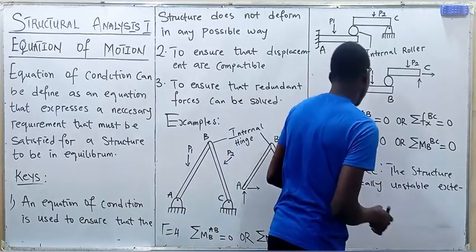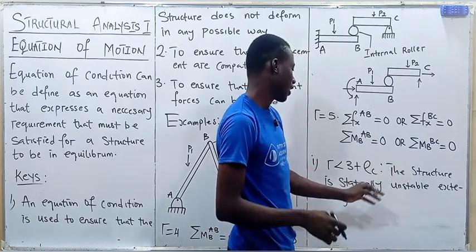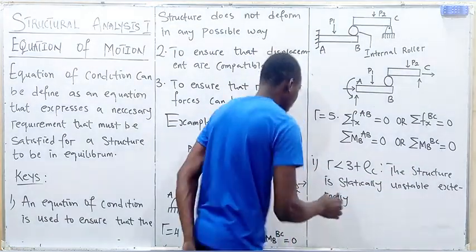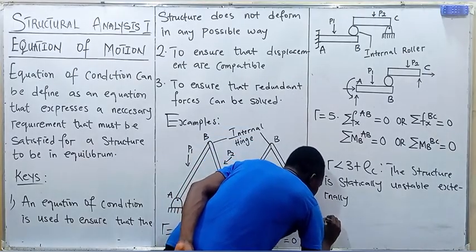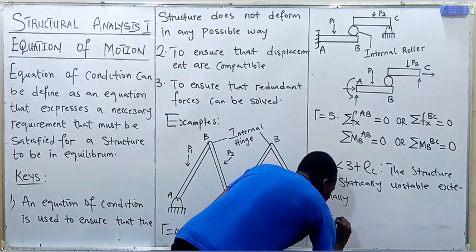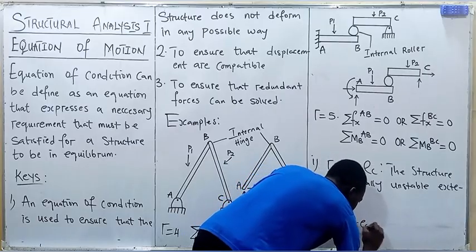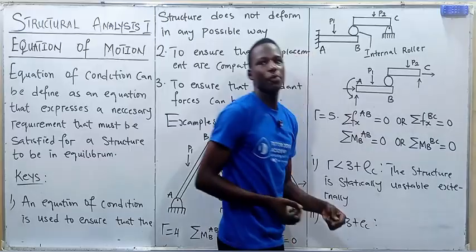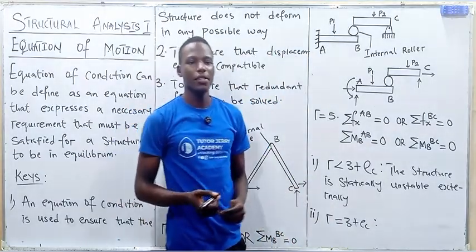So number two, when we have R equals to 3 plus EC, what happens to the structure? The structure is statically determinate externally.